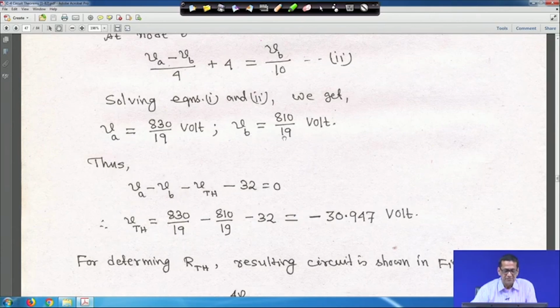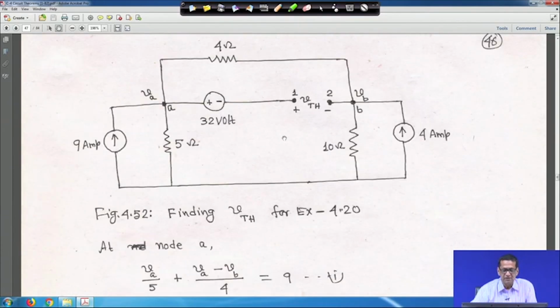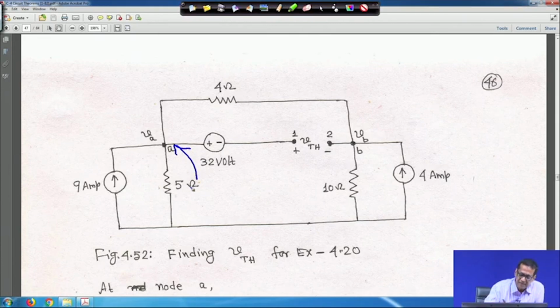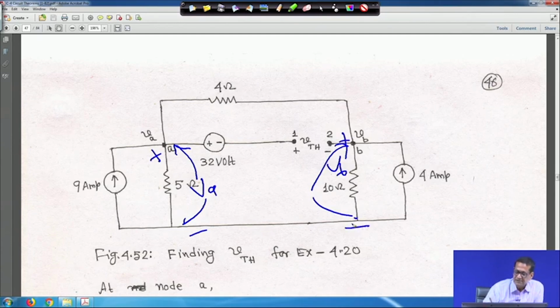Therefore, you apply KVL to get the Thevenin voltage. This voltage is V A, and this voltage is V B, with the arrow meaning plus.